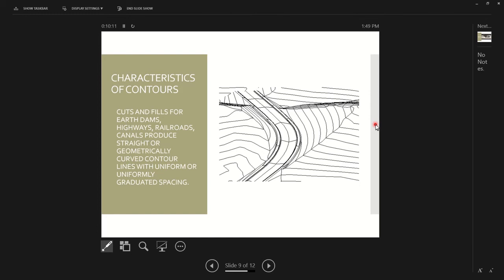All right, so we use contours a lot to tell us what cuts and fills and volumes are on a road project. So this is a topographical map of a road cross section or a road area. You can see in this area right here, obviously this V is pointing this direction, so we're raising in elevation this way.